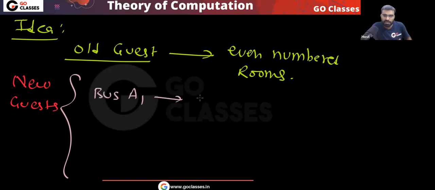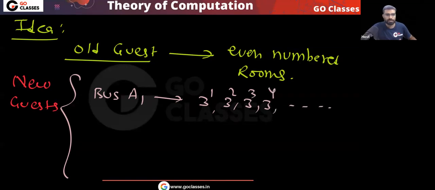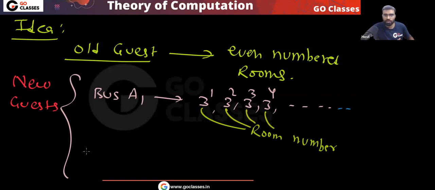You will put it in these rooms: 3 power 1, 3 power 2, 3 power 3, 3 power 4, 3 power 5, and so on. These are the room numbers: room number 9, room number 27, room number 81, and so on.